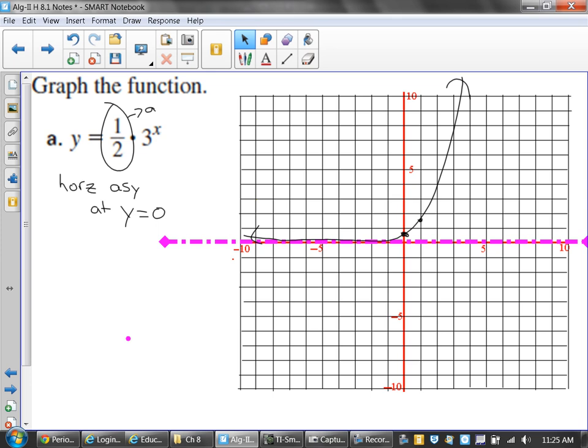Okay. But also, going with every other graph that we've ever done, we had a parent function, and then we had the shift. When we shifted things horizontally and vertically, what did we write it with? H's and K's. So along with these things, you will also see the shift: y equals a times b to the x minus h plus k. This is your shift.